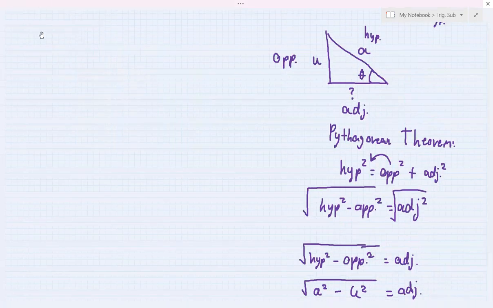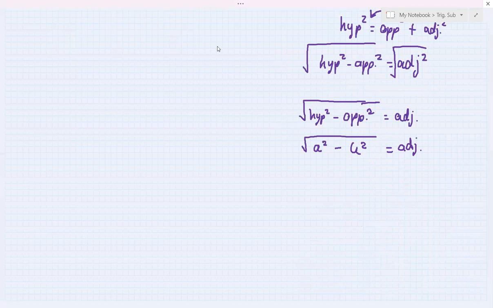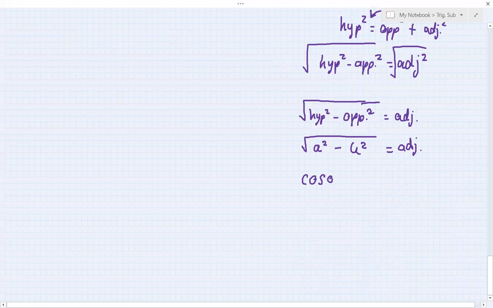So, dito, we can get our cosine theta. Yung cosine theta natin is what? Adjacent over hypotenuse, di ba?